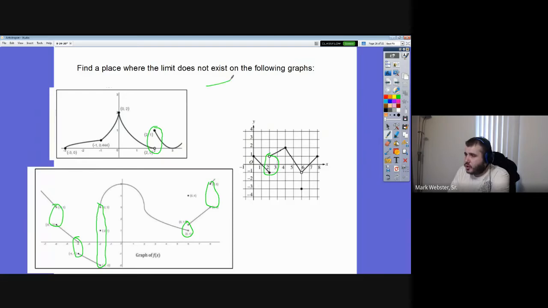So these are called jump discontinuities. Because there's a jump. Like you try and get from one spot to the other, and you have to jump to get there.